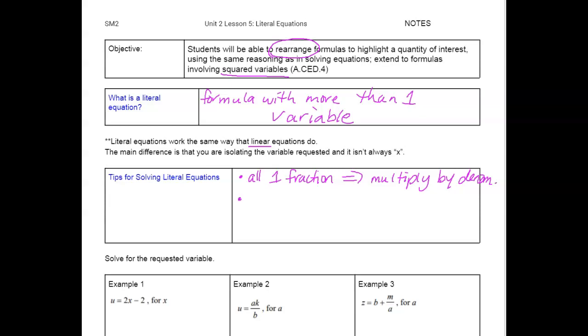If you have adding or subtracting, and I'm just going to say hanging off, then you're going to do the inverse operation, add or subtract. But usually I like to multiply or divide last. If there's distributing, I usually distribute. But really it's going to depend on what you're given and what variable you want to get alone.